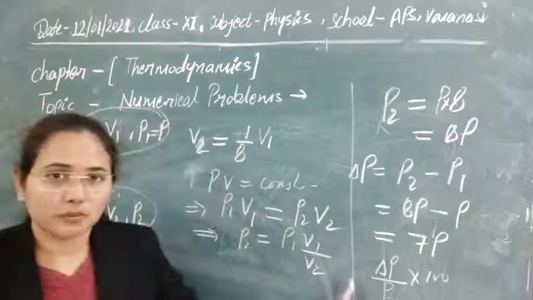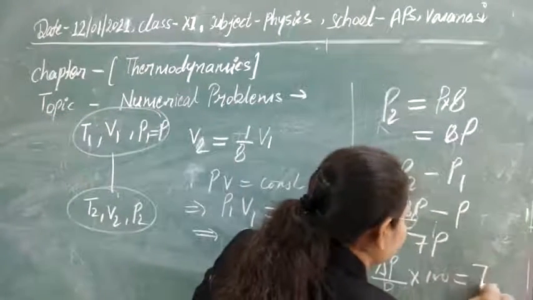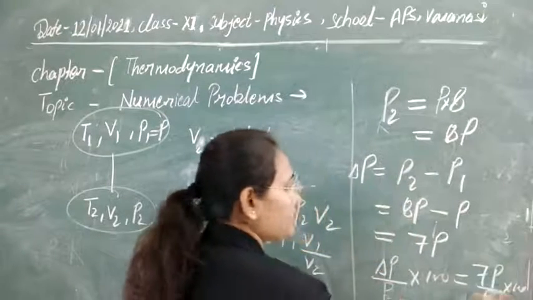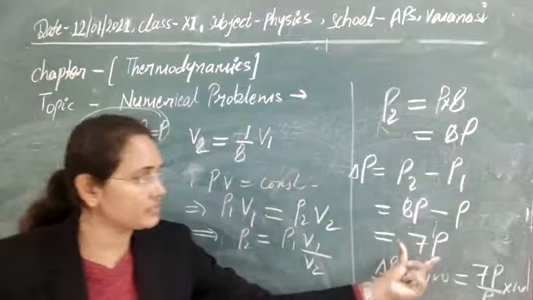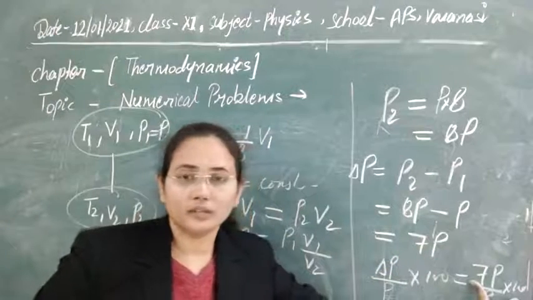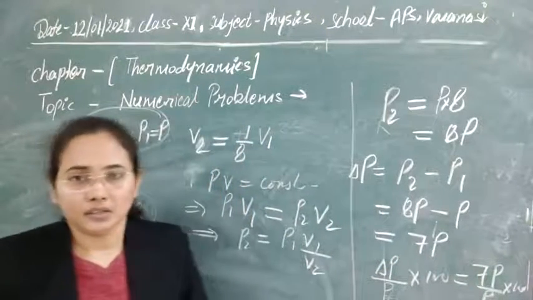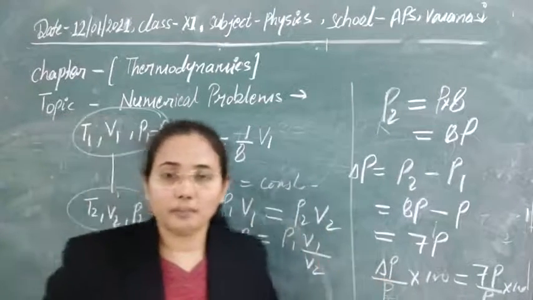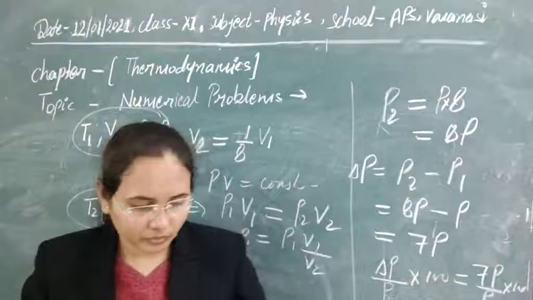So just put all the values here, that is 7P upon P into 100. This is the original pressure, this is our change in pressure, and if you solve it, you will get 700. So it means the pressure has changed by 700 percent.